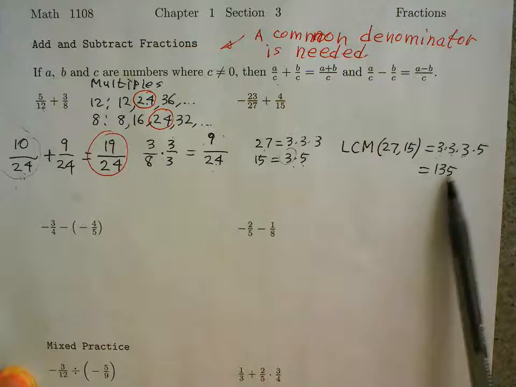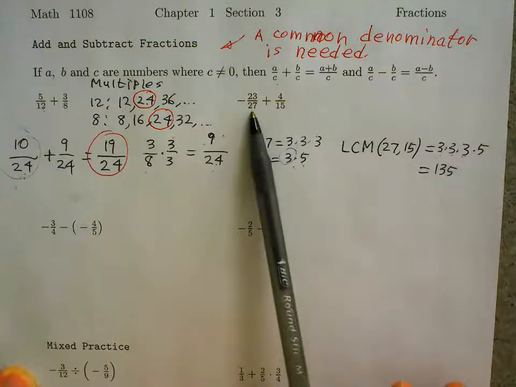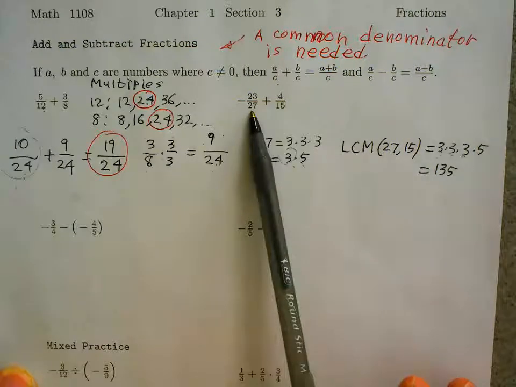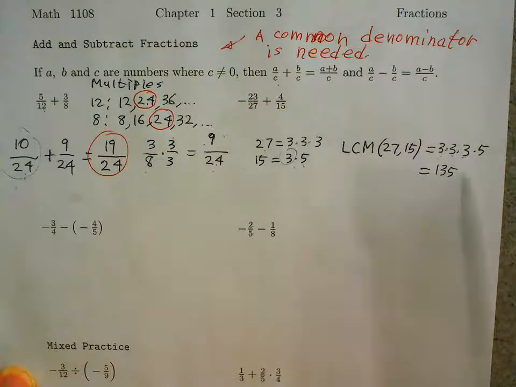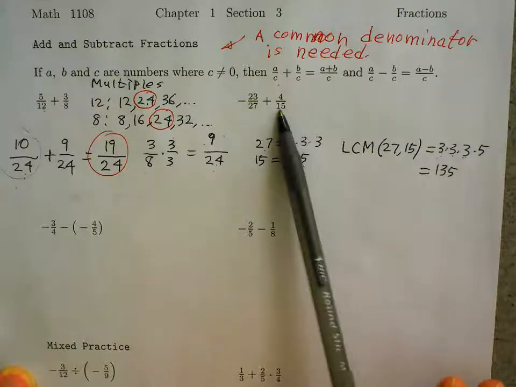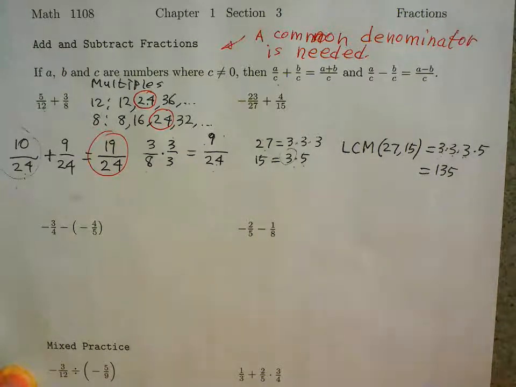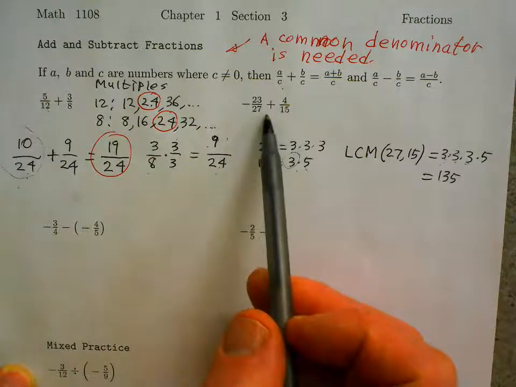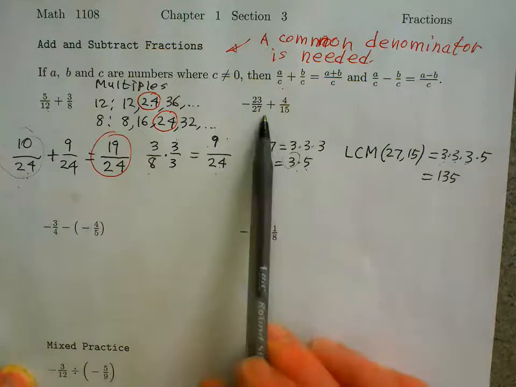So 135 is 5 times 27. 27 is this denominator. And 135 is also 9 times 15. So remember, before adding and subtracting fractions, you have to have a common denominator.